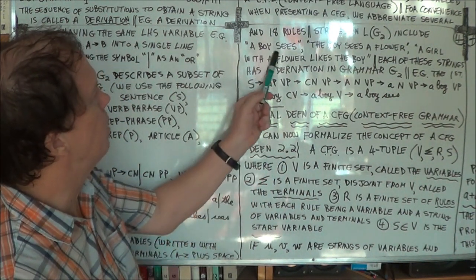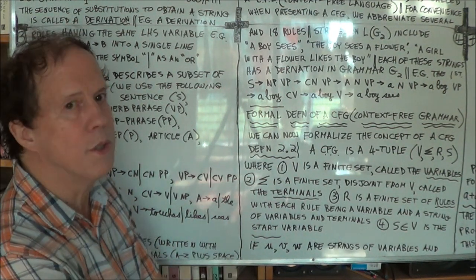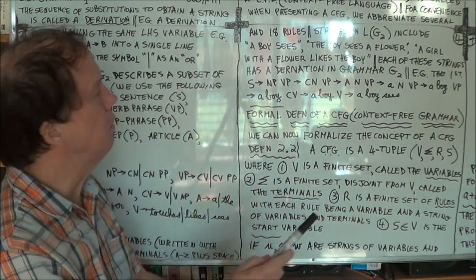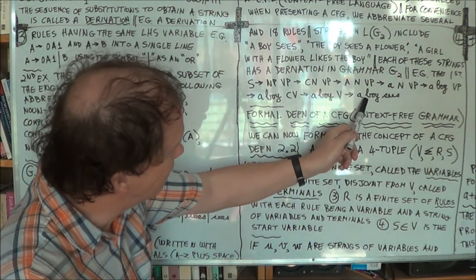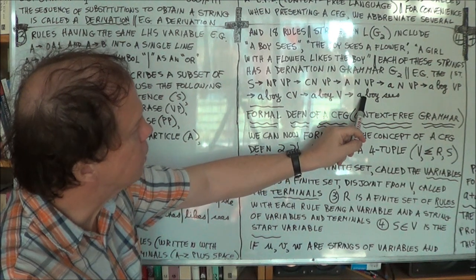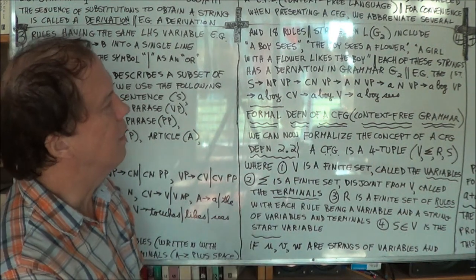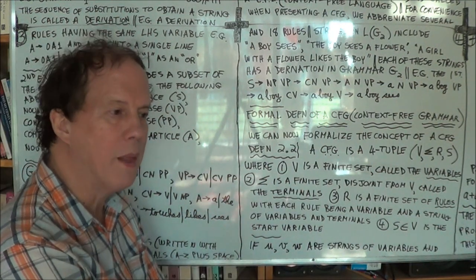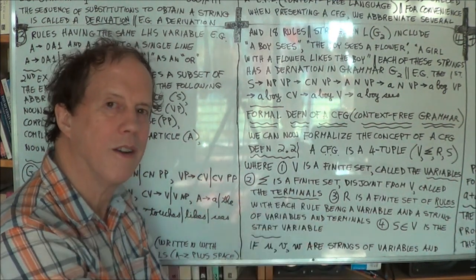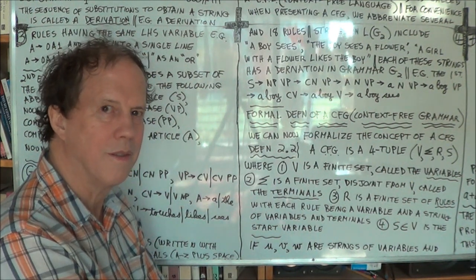So let's do the derivation of the first example, a boy sees. Let's derive that, using the substitution rules to derive this string of terminals. Here I've used little letters, being stricter, and with spaces so that the words are more visible. Now, I live in China. The Chinese don't do that. They don't use spaces. They just ram all their Chinese characters together, and for a novice, that creates a problem.